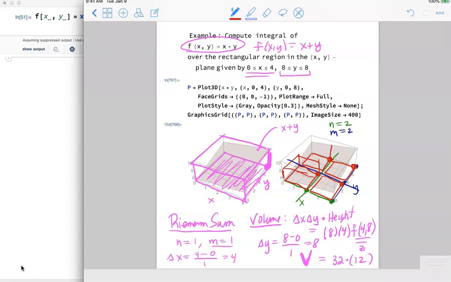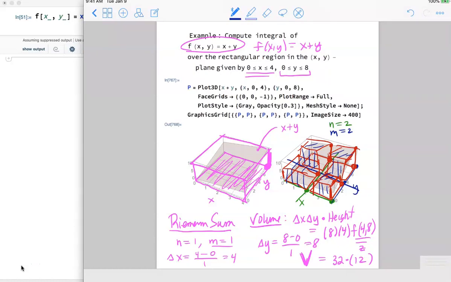You evaluate the function at that right corner, it's going to come up to the surface here. This box may be a little bit bigger. Evaluate the function at that right corner, you're going to have a box here, and then evaluate the function at this corner up, and we have these four boxes.